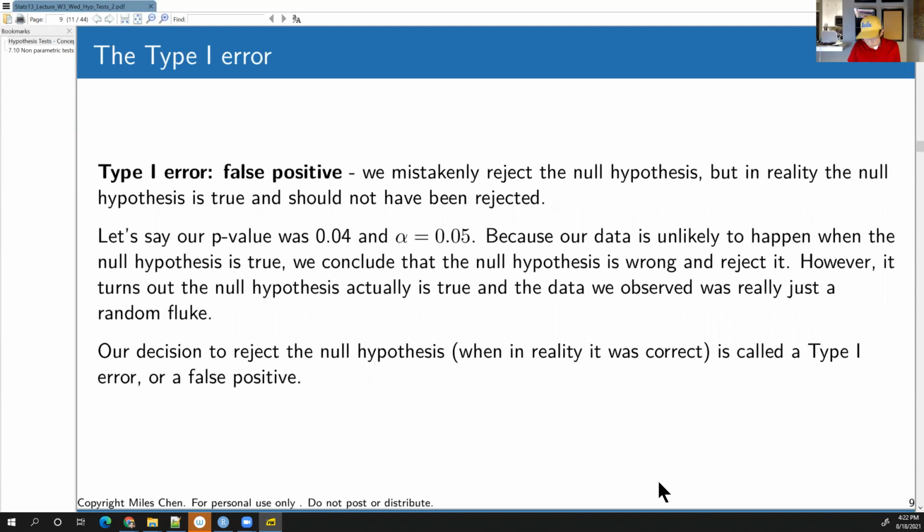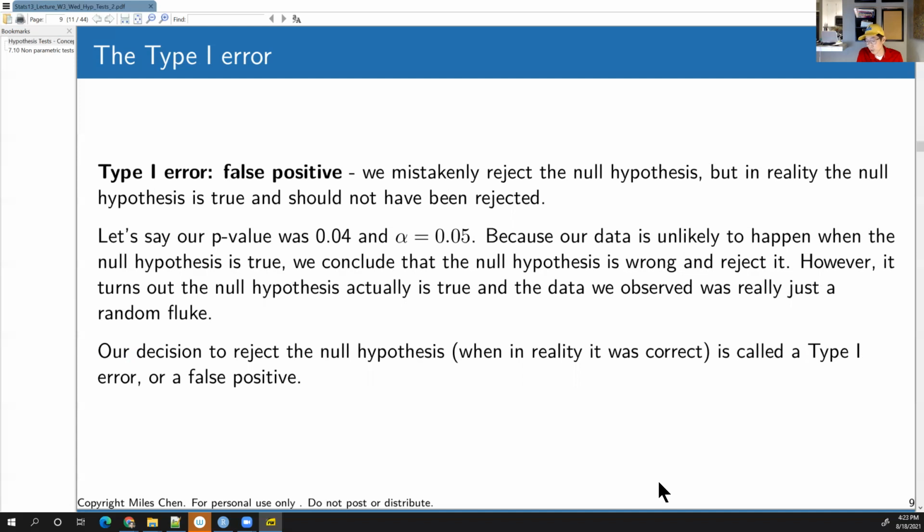So a type 1, a false positive, again, this is we reject the null, but in reality, the null hypothesis is true. We shouldn't have rejected it. So let's say you do a study, your p-value ends up being 4%. Alpha was actually 5%. And so we say, well, because my p-value is less than alpha, according to my significance level, the probability of getting my data is unusual or is low if the null hypothesis were true.